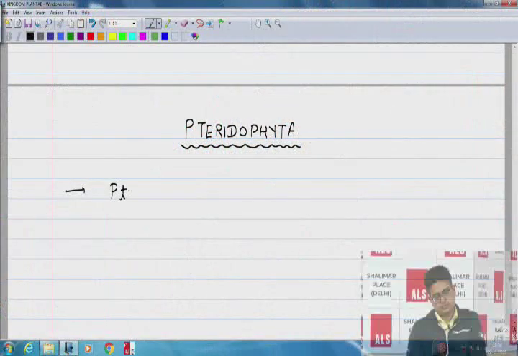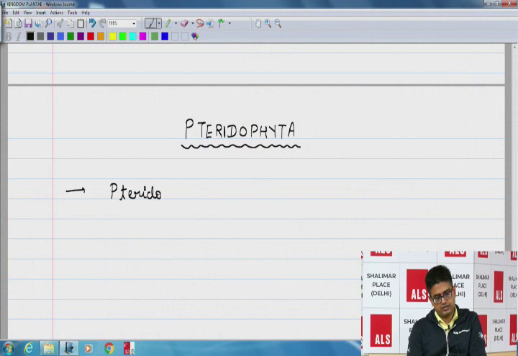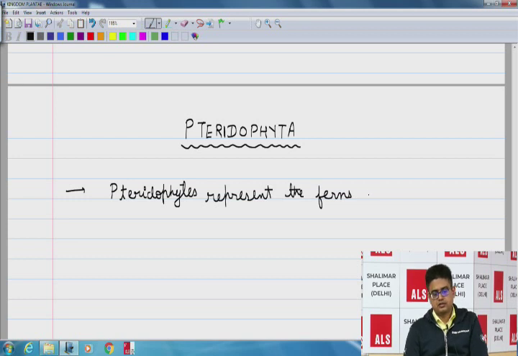Please write: pteridophytes represent the ferns and fern-like plants.